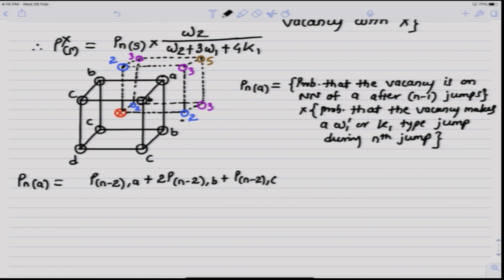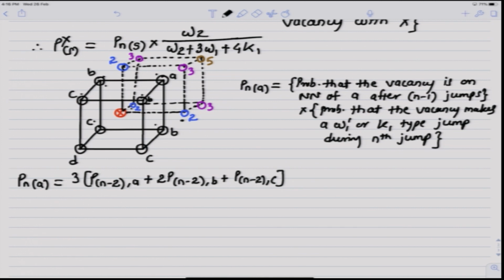Now, we consider each of these type 2 sites here. If we consider this site, again after n minus 2 jumps, the vacancy should have been either on A, these two B, or on C. And also for this 2 here, after n minus 2 jumps the vacancy should have been either on A, these two B, or on C. So, we can multiply this by 3, times the probability that on its n minus first jump the vacancy exchanges with the type 2 atom, and this will be the jump from the nearest neighbor of x to the second nearest neighbor of x.